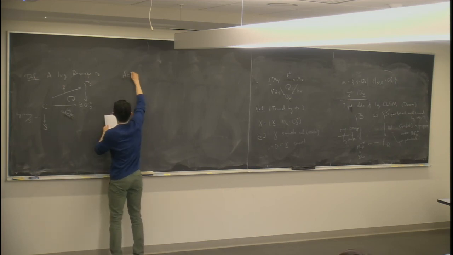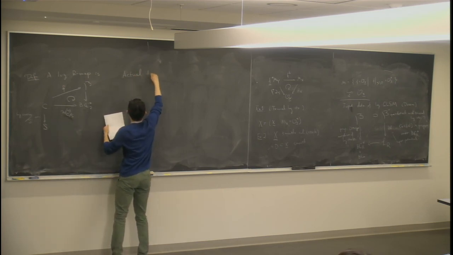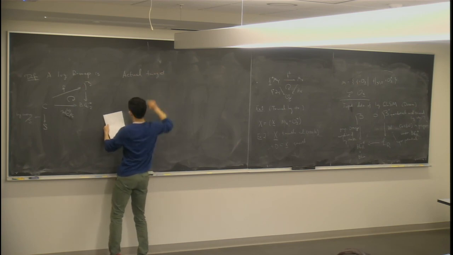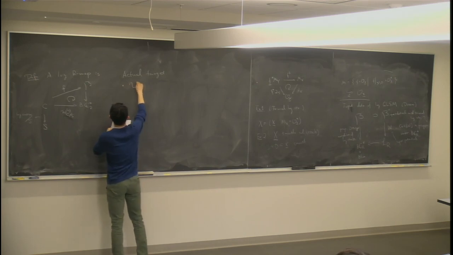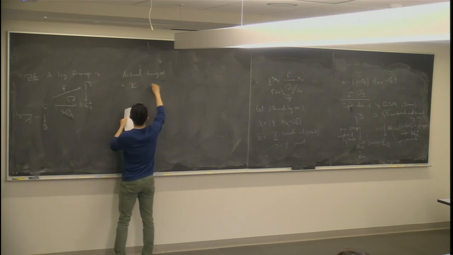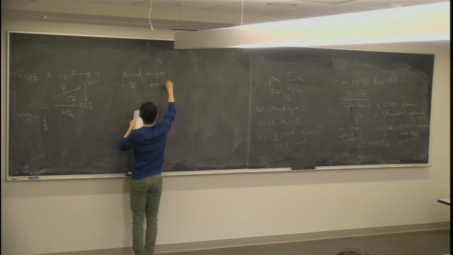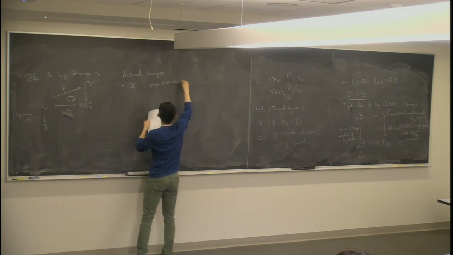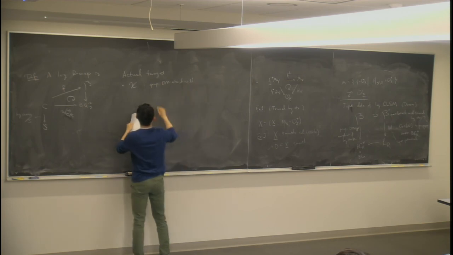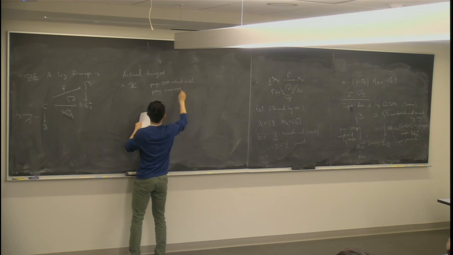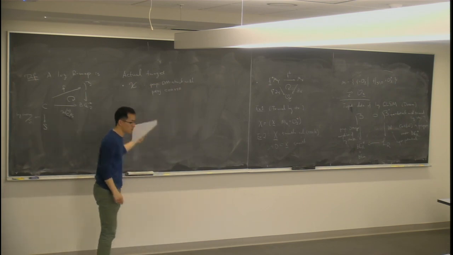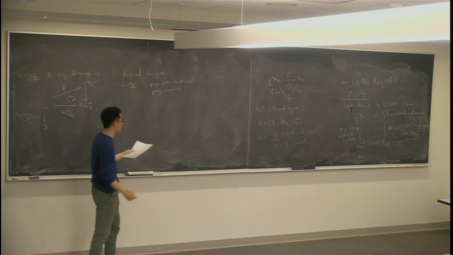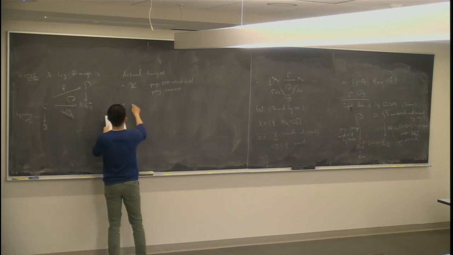Let me talk about the actual target that we're going to work with today. First, the curly X. This is a proper DM stack with projective coarse moduli space. We need that for defining orbifold Gromov-Witten invariants. This is the target.